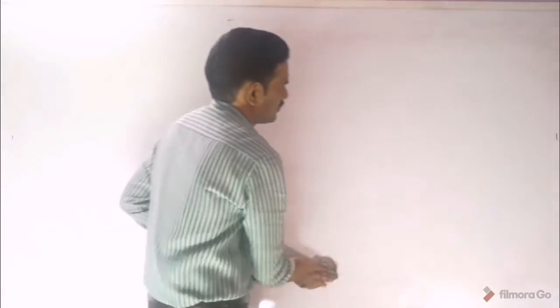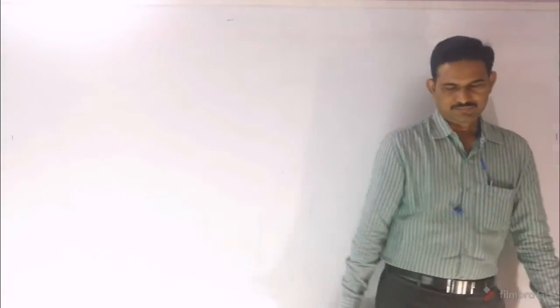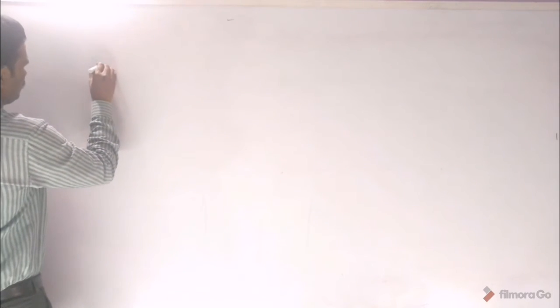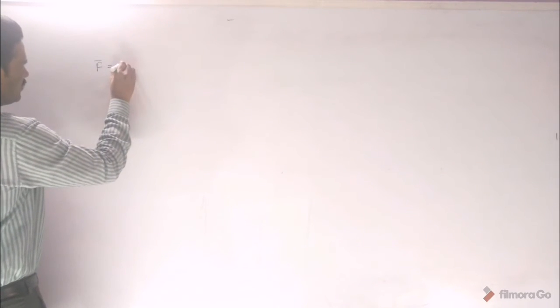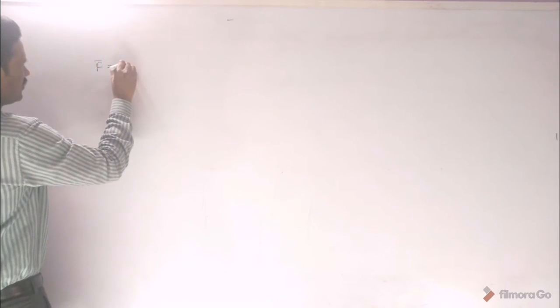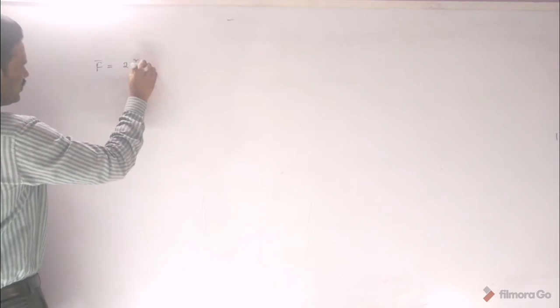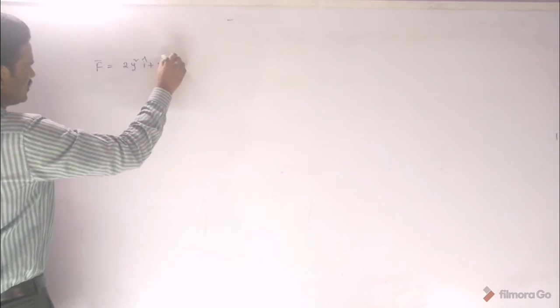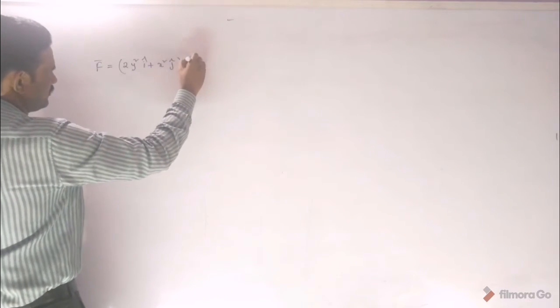Just write this problem based on this. The force acting on a particle is given by F bar is equal to 2y square i cap plus x square j cap newtons.